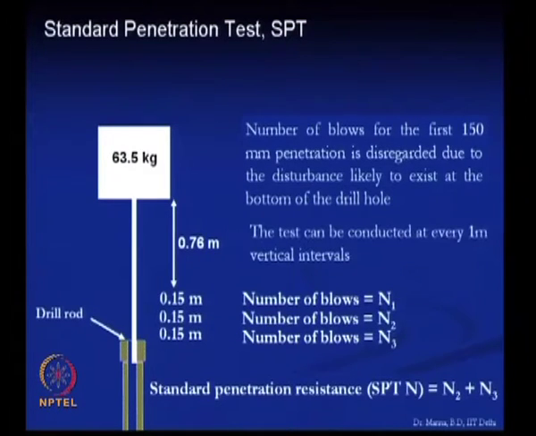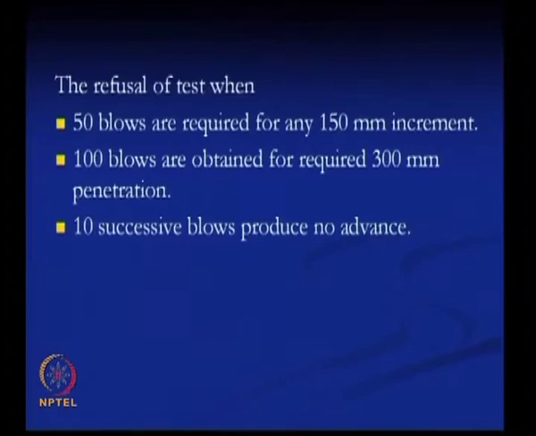The next point is that this test can be conducted at every 1 meter interval. Sometimes it is conducted at 0.75 meter intervals, or later on that interval can be increased up to 1.5 meter. Now, the test is called a refusal under three conditions. One is that 50 blows are required for any 150 millimeter increment.